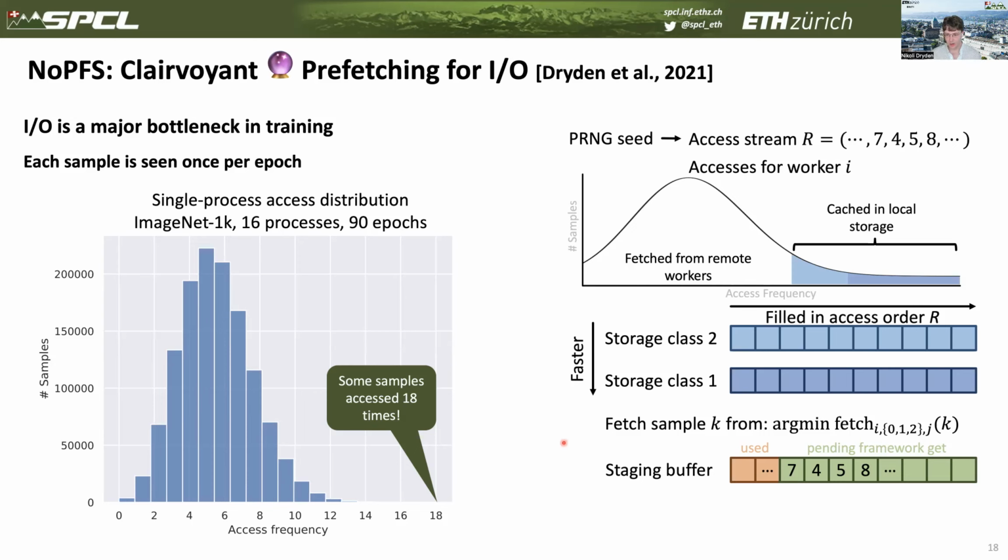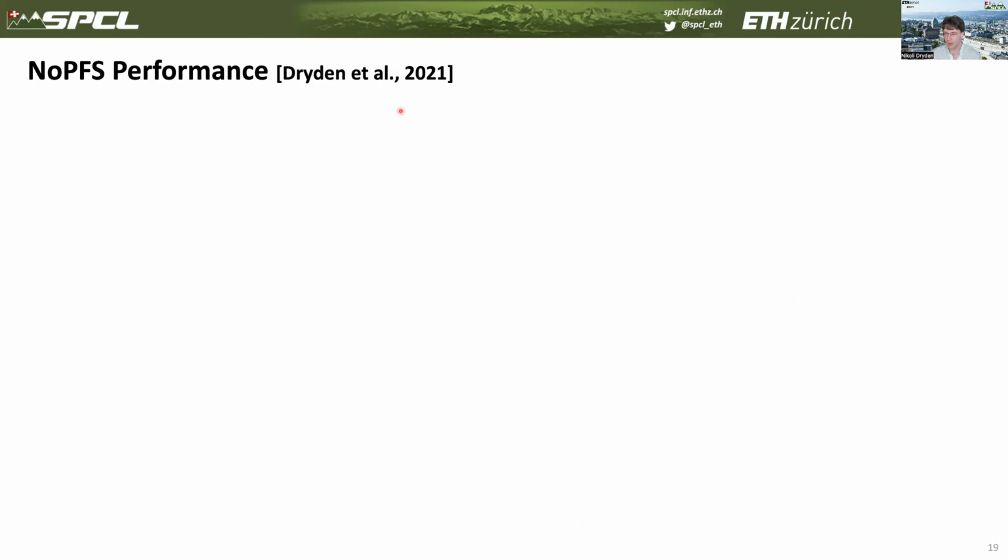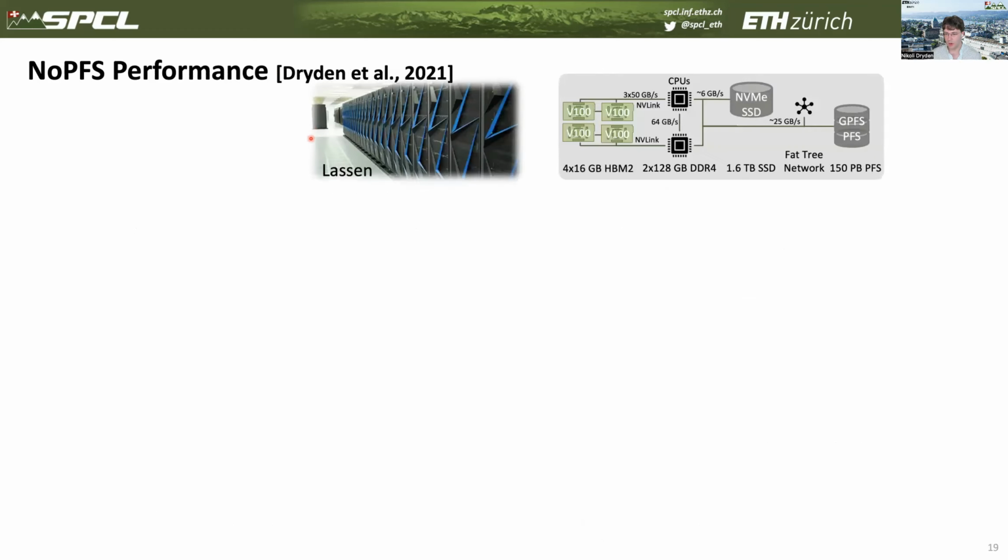If you're interested in more details or in using NoPFS, it's available on GitHub, so I encourage you to check it out. Let's just look quickly at some performance. These are some results that were run on the Lassen supercomputer at Lawrence Livermore National Laboratory, which has a fairly complex storage hierarchy.